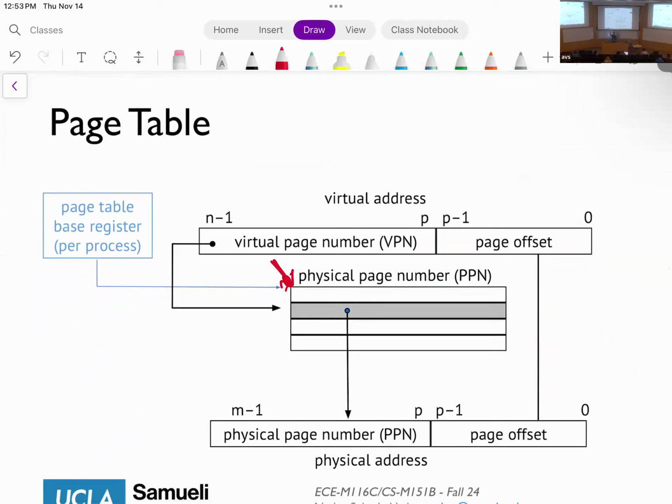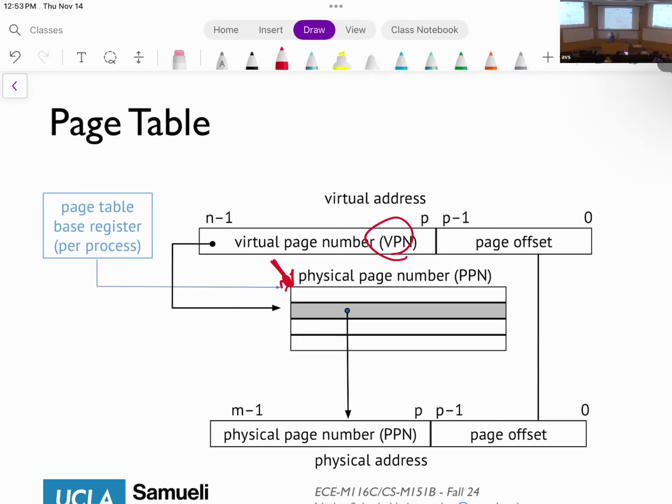And this pointer is per process. So if there is process 1, the base address of this pointer changes. And then when we go to the next process, we change the base address. So essentially, the VPN itself is the offset to a base address. That base address is the base register for every process.